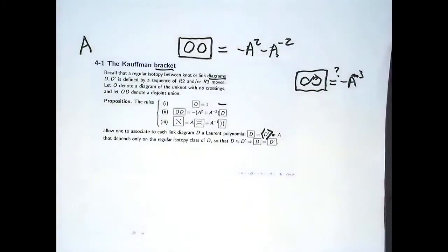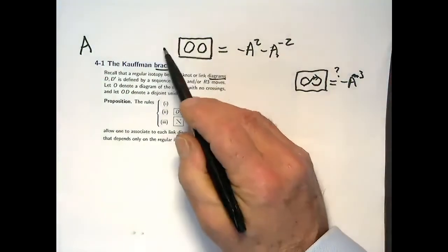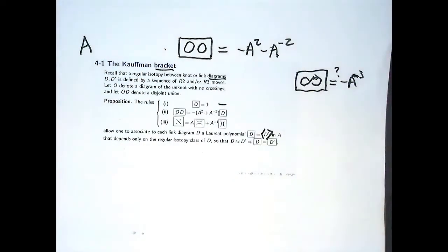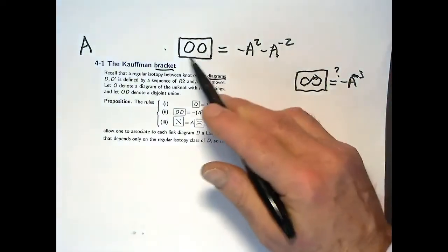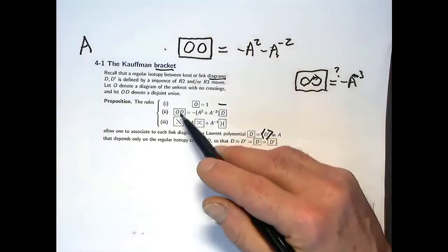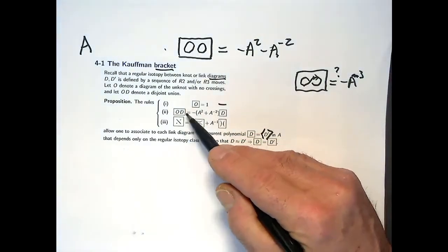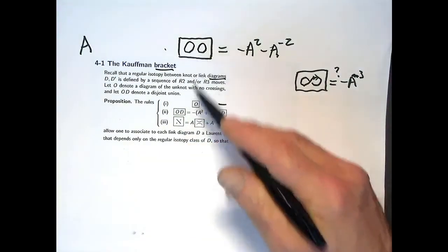Okay, the second rule, and this is a more general case of the one I wrote at the top. If you take any diagram and plonk a circle next to it, we've got a link now, because these are not knots, they're links, they have two components. There's a sort of split link in which there's no interaction between the components.